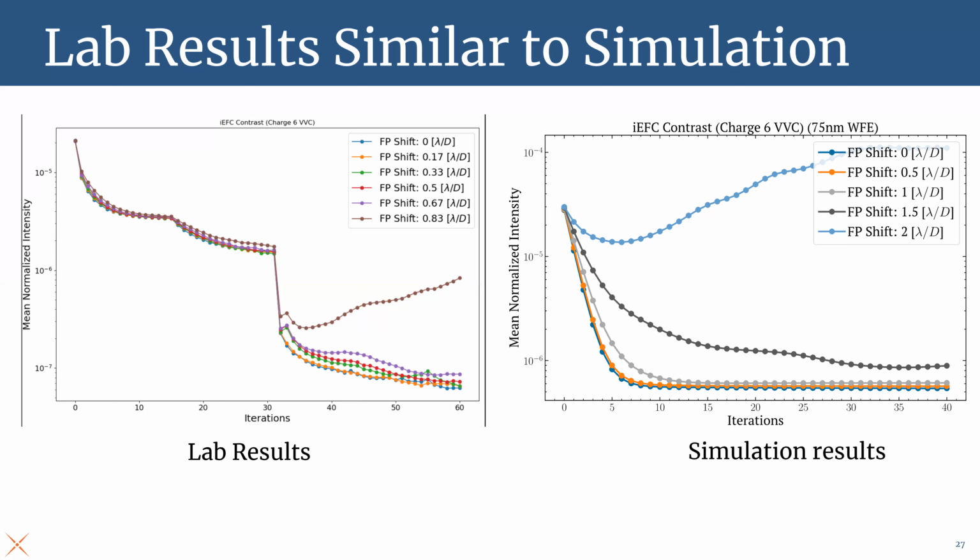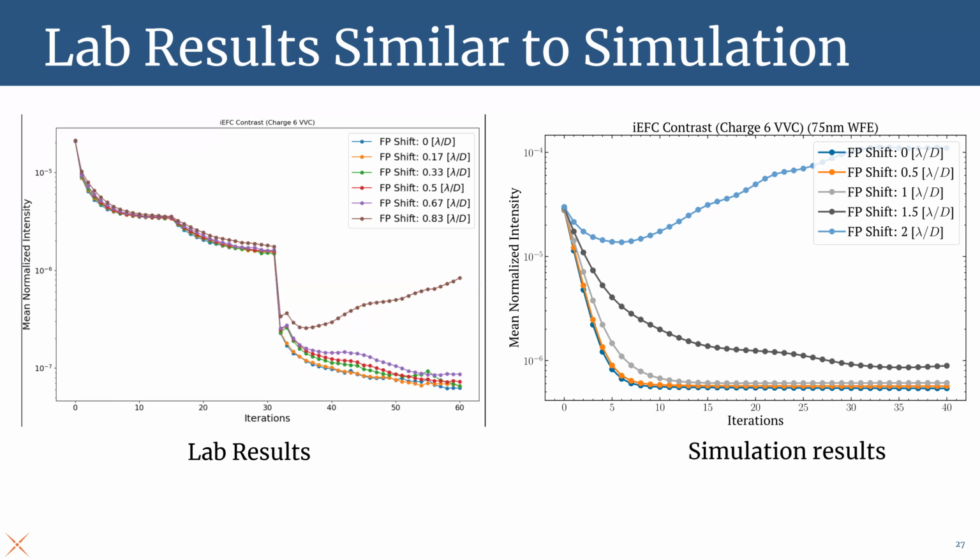And I want to say, the differences you might be seeing mainly come from the simulations, actually, I might have misspoken here. We don't reach quite as deep contrasts as we do on the testbed. That's because I'm simulating 75 nanometers of wavefront error, but on the testbed, or at least in testbeds in general, you get around 10, maybe.